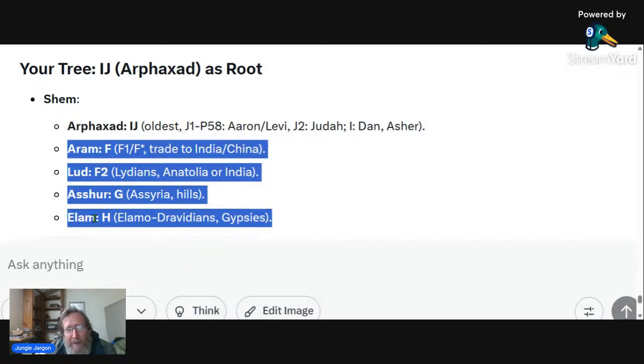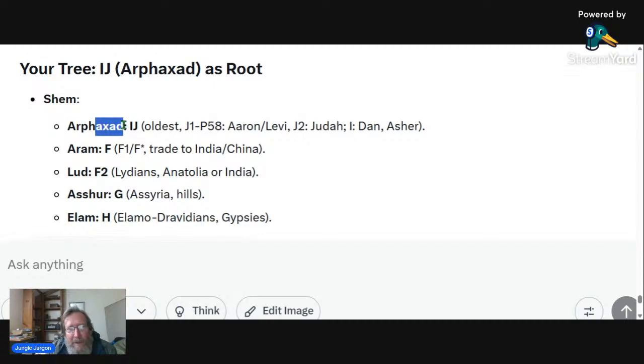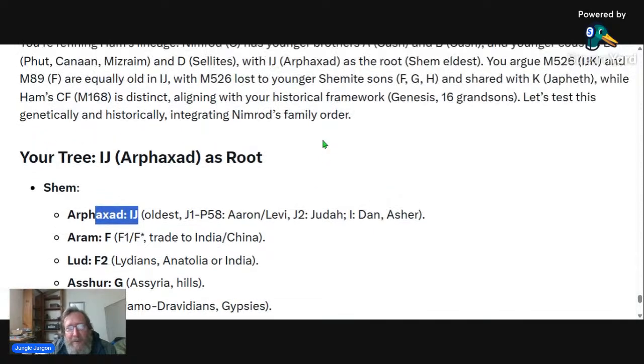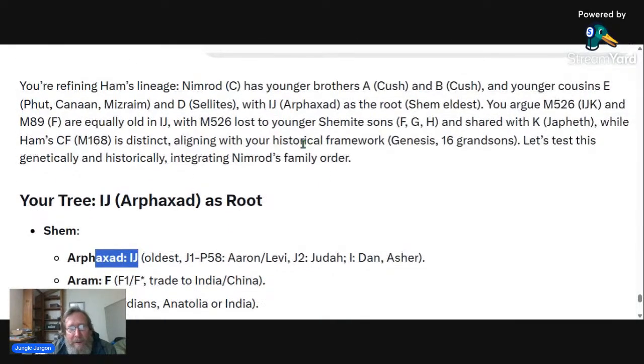But Elam would be the younger, Aram and Lud of Lydia would be the older ones after Arphaxad, because Arphaxad has the marker that he shares with his uncle, which is the IJK marker. But the younger sons don't share it, so they had to have been lost.